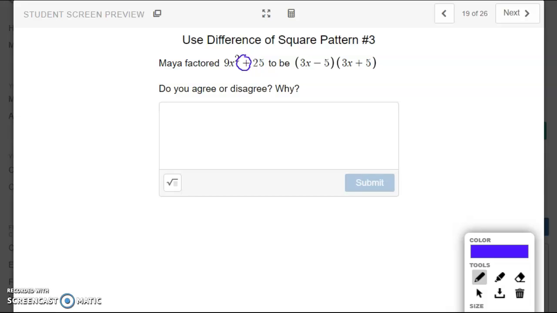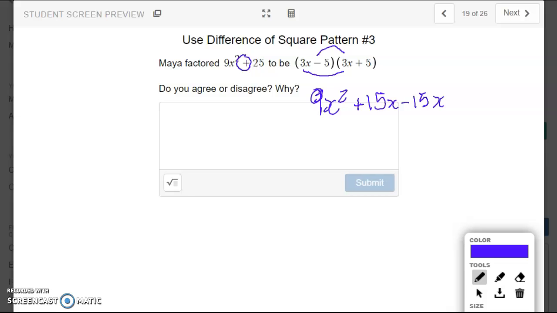For example, if I was to multiply this out using FOIL, first with first is going to get me 9x squared. Outside, 3x times 5 is 15x. And then inside, negative 5 times 3x is going to be negative 15x.